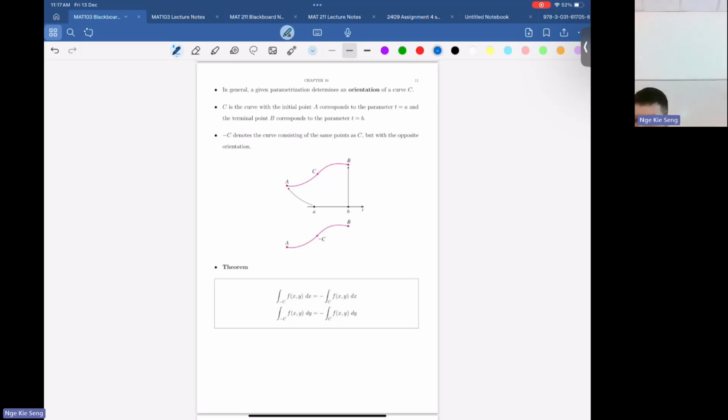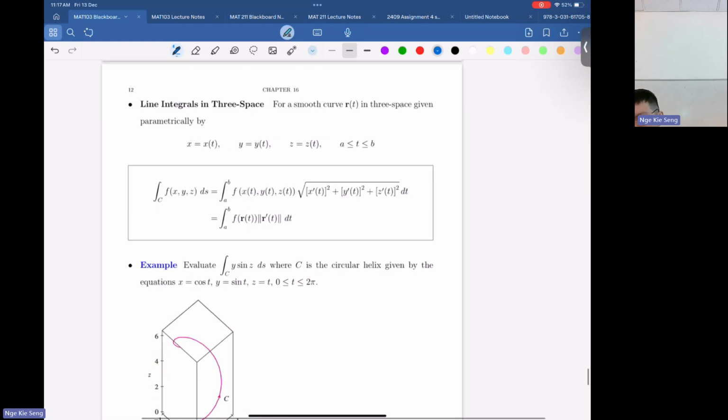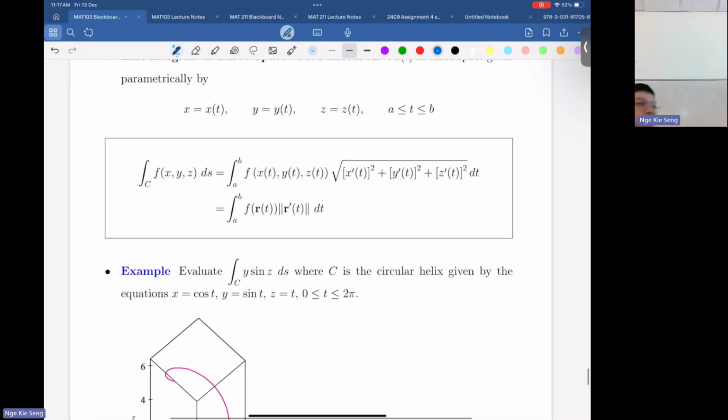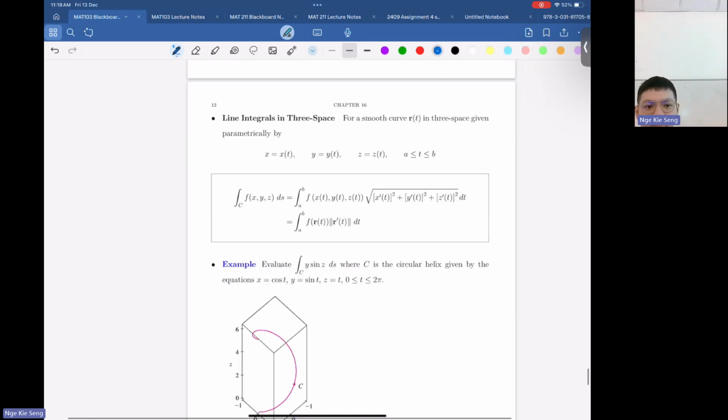Okay, right, let's see. So same thing. If you want to do a line integral in 3 spaces, you can generalize what we did before. You can see that the length factor there increases by 1 derivative. And then you can do a similar calculation. I think we don't want to go through this. You can do it as homework.